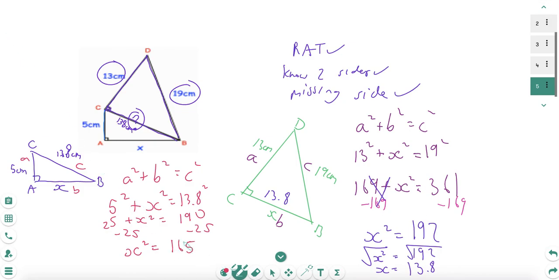And then to find x, we have to square root both sides. So x is equal to the square root of 165. So x is equal to 12.8. Let's go. So x is 12.8. So this answer here is 12.8, and we've solved this problem, guys.